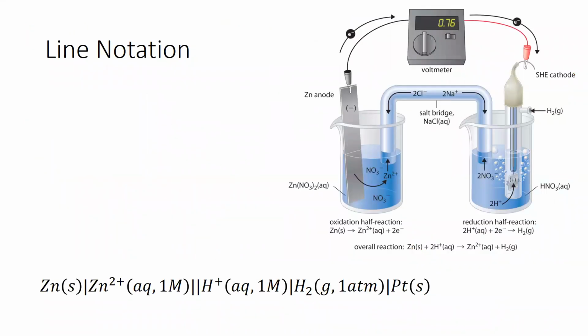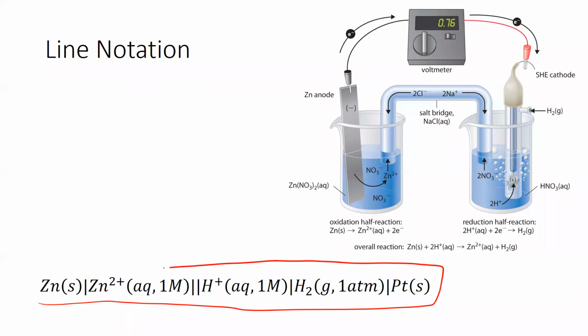So there's another way we can describe these solutions, and that's shorthand, and this down here is what we call line notation. I have it written out here like that because I was worried about my writing when I put the slide together.